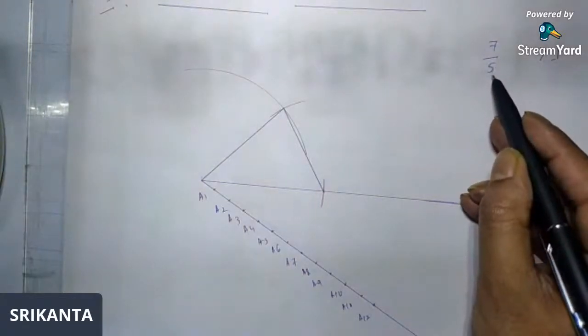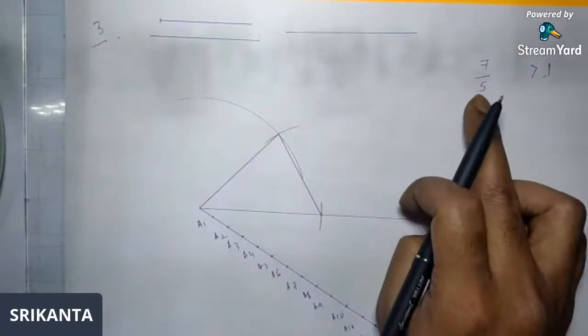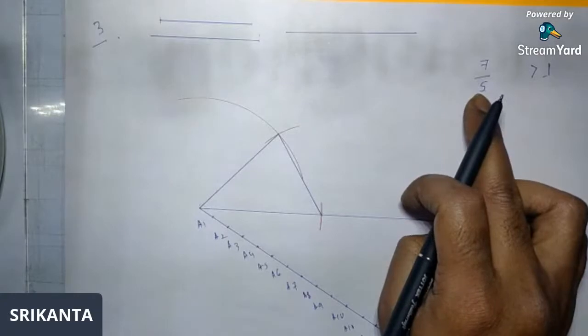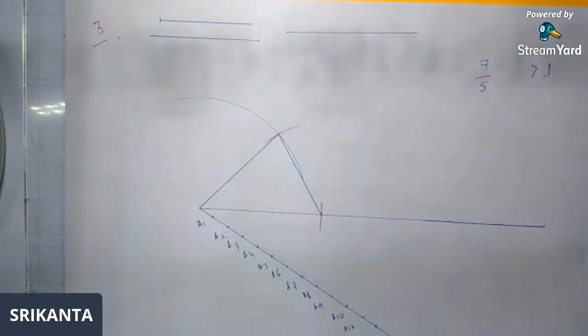That means we need to join the 5th line. Understood? Understood or not?